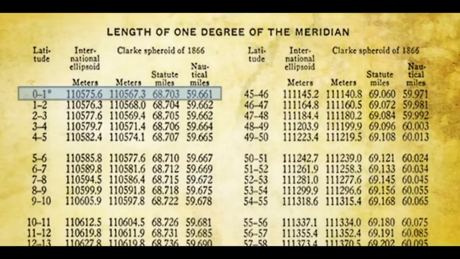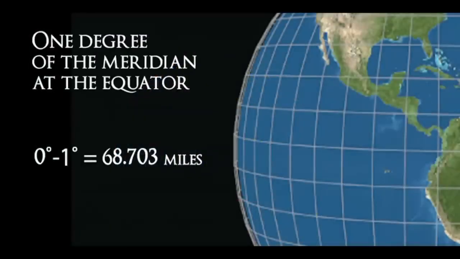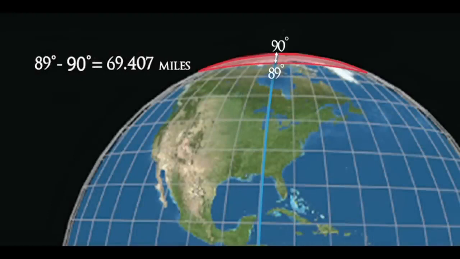If you look at the first number, you'll notice that when you leave the equator and go to the 1st degree north latitude, you've gone 68.703 miles. But if you look down here at the very last one, when you traverse that last degree from 89 and finally get to the North Pole, you've traveled 69.4 miles. So those degrees have stretched out. This is important to understand how the ancients were able to demonstrate to future generations that they understood the size and the shape of the Earth.